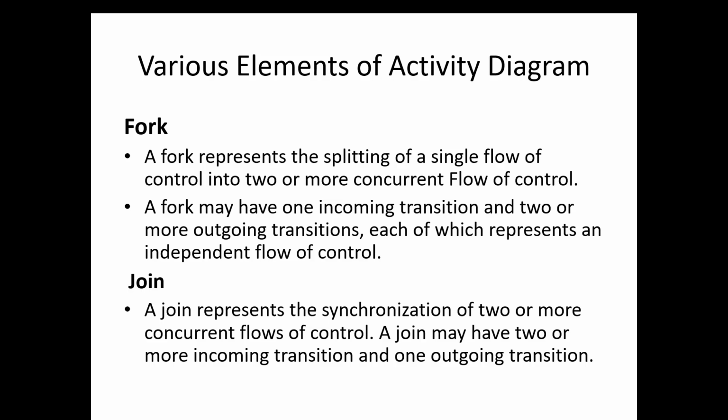Like in fork, we have one incoming and more than one outgoing, and here we have more than one incoming and only one outgoing transition. You will understand it better when we use it in a flow diagram, because after the explanation of what this activity diagram is all about, we will be constructing one activity diagram using the software Star UML. So it will give you a better understanding of these two terms.